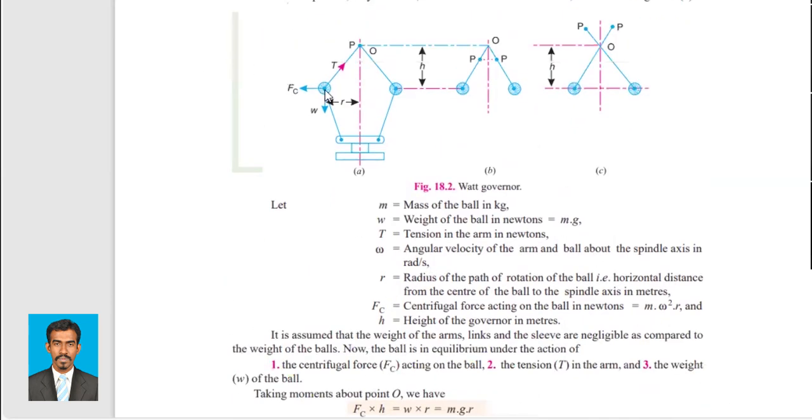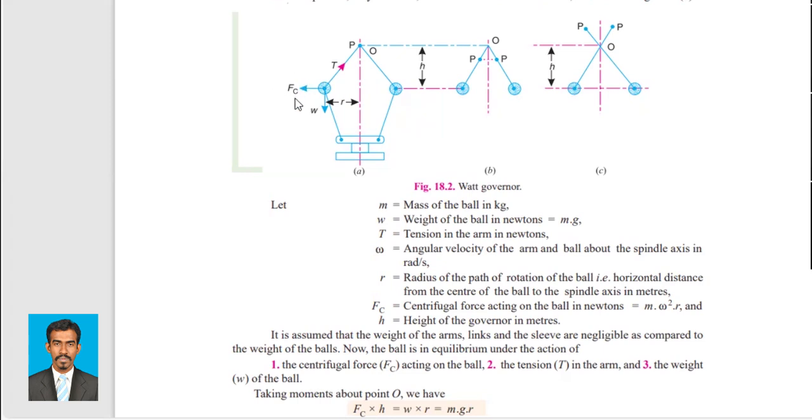So r is the length between the center of the ball and the axis. Radius of the path of rotation of the ball, that is the horizontal distance from the center of the ball to the spindle axis in meters. Horizontal length between the ball and the spindle axis.